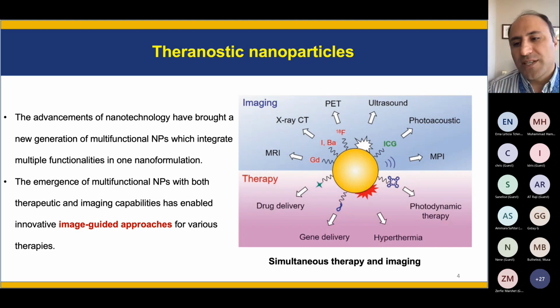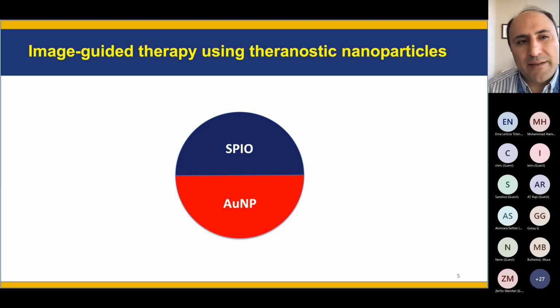Sometimes we can do photodynamic therapy, in which we use a photodynamic agent, and through a chemical reaction induced by an appropriate laser, we can do photodynamic therapy. All these processes can be guided by imaging, and the probe that will help us in this regard is the nanoparticle that I am going to talk about.